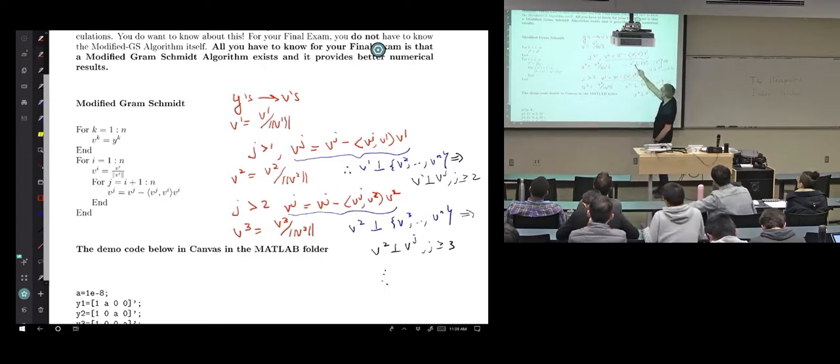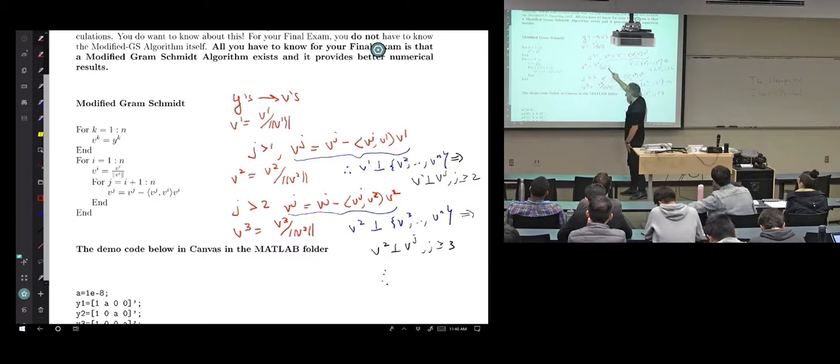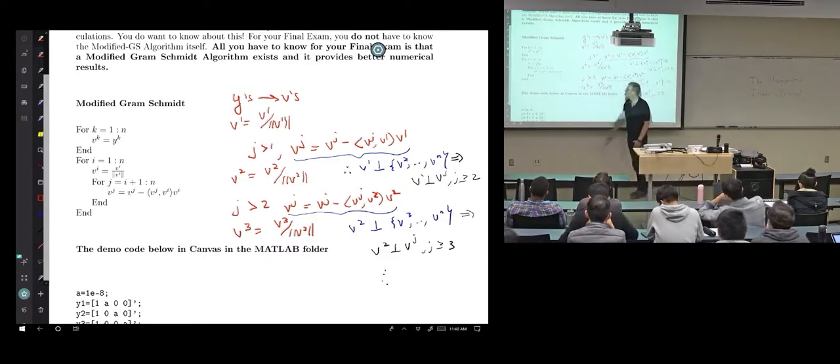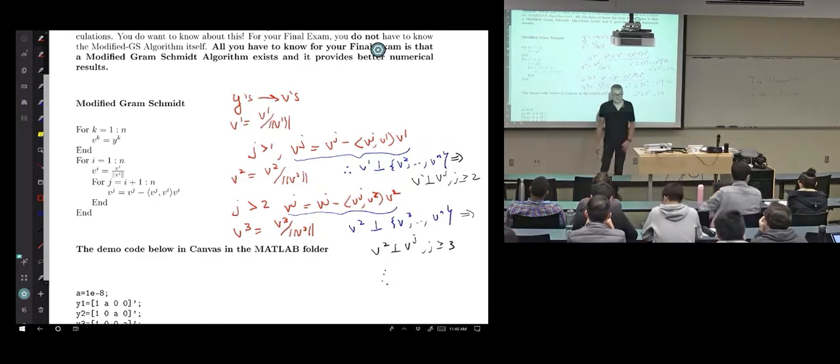That makes V1 orthogonal to V2 through Vn. And then we get V2 by normalizing it. And then we remove the V2 component from all of the other vectors, and we have V2 orthogonal to now V3, V4, Vn. And then we normalize that. So that's what this algorithm is doing.